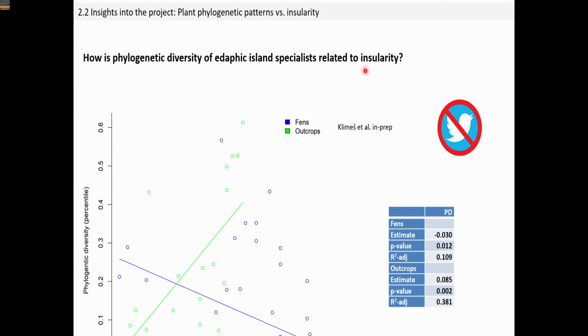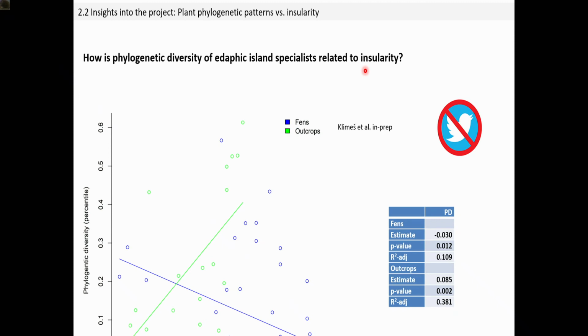I think more interesting than just the line is that some sites are phylogenetically clustered and some are not, and there's a huge variation. So the next step is to find out if there are any characteristics why a bunch of sites are highly phylogenetically clustered and the others are not.